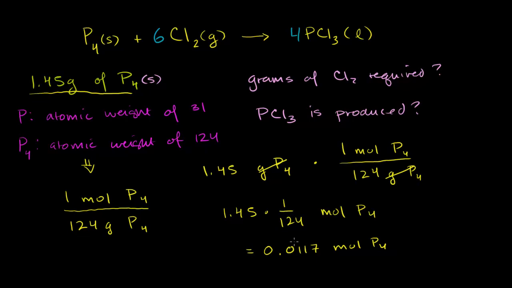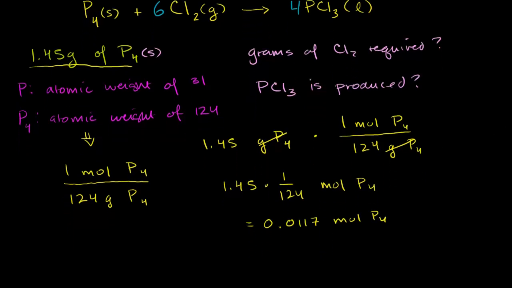Now, we need to think about for every mole, let's scroll down here, although I don't want to lose my equation. So let me write down what we just have: 0.0117 moles of molecular phosphorus. And for every mole of phosphorus, how many moles of chlorine molecules do we need?